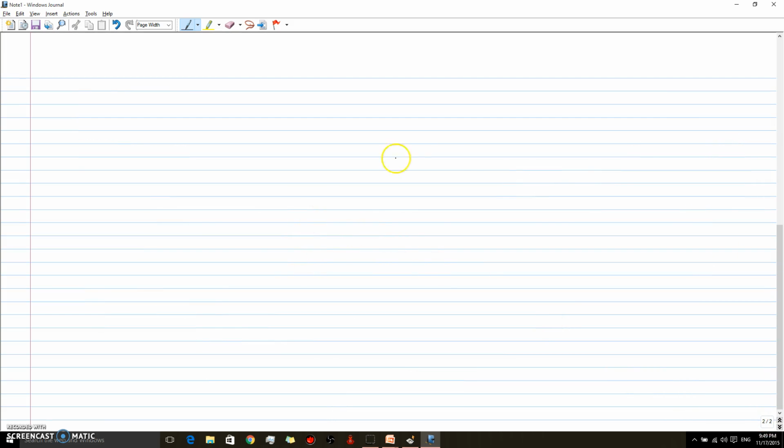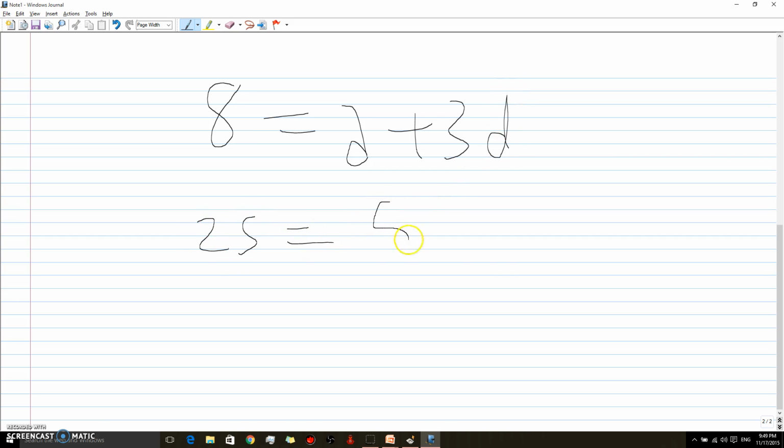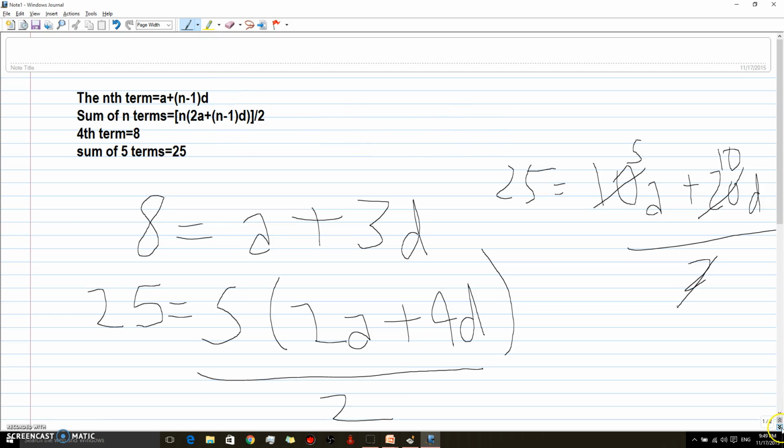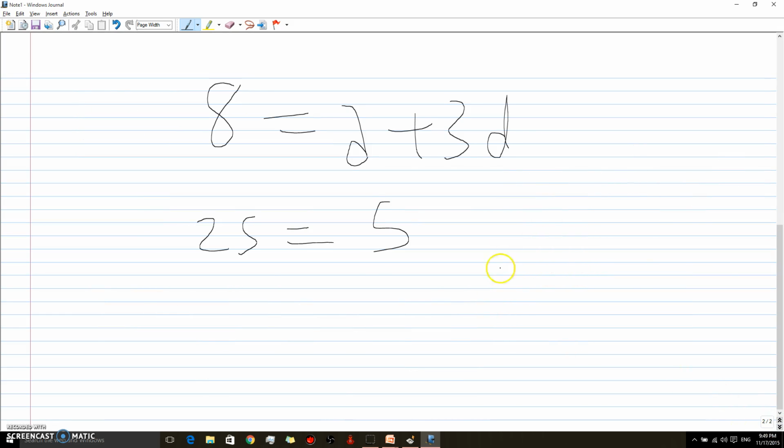So now let's write that again. 8 is equal to a plus 3d, and you have 25 is equal to 5a plus 10d.